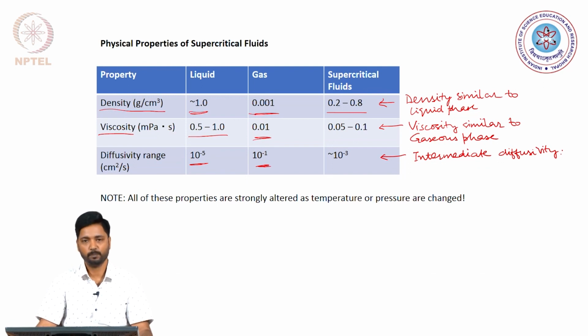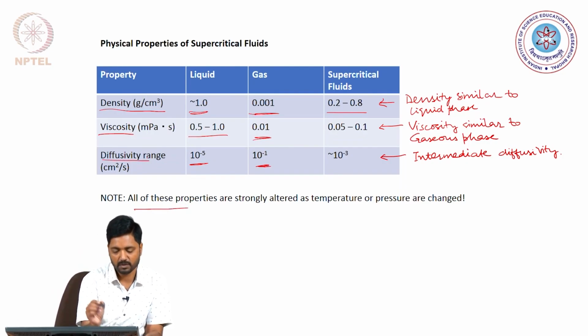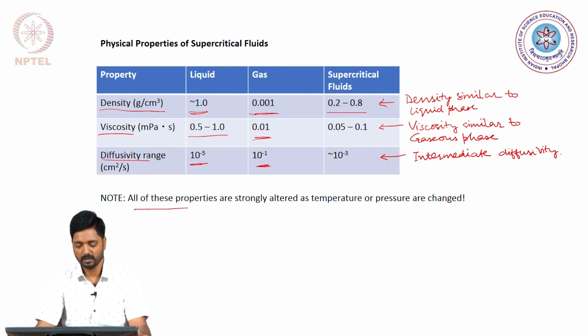An important point to be kept in mind here is that all of these properties, whether we are talking about the density, viscosity or the diffusivity of the supercritical fluids, are very strongly altered by change of temperature or pressure. So, changing any of these two parameters will result in its phase changing from a supercritical phase to either a gaseous phase or a liquid phase with concomitant changes in the physical properties of density, viscosity and diffusivity.